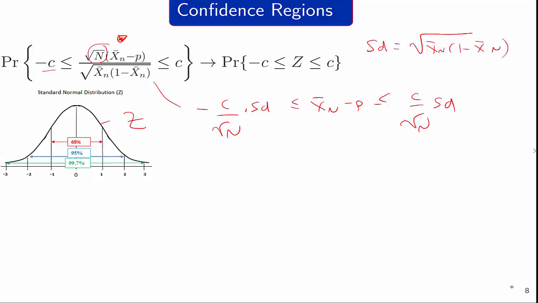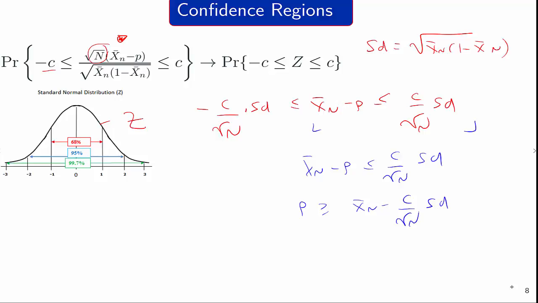Well, we can now rearrange for p. This inequality, we can first rearrange the right hand side. Well, we have x bar n minus p less than this here. So we can now get an inequality for p. Take p to the right hand side, we have p is greater than or equal to x bar n minus c over root n times sd.